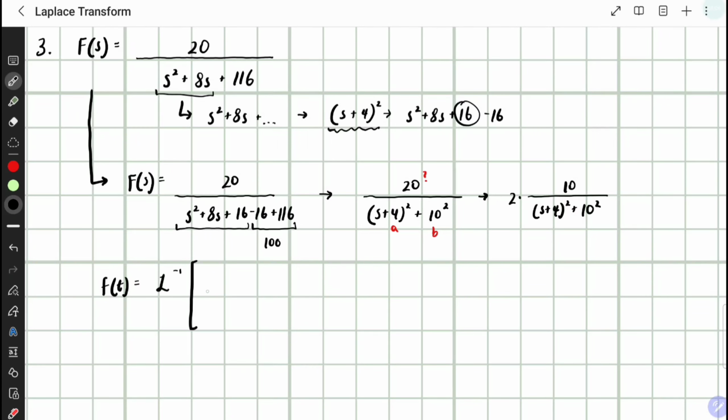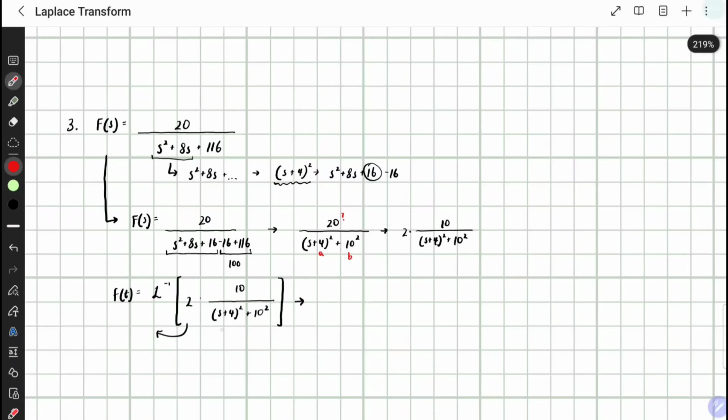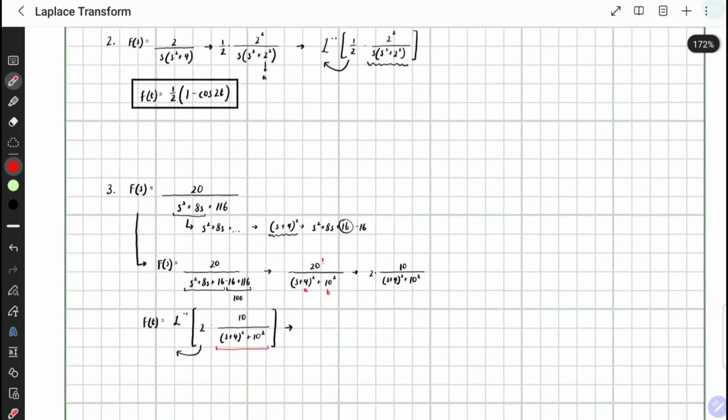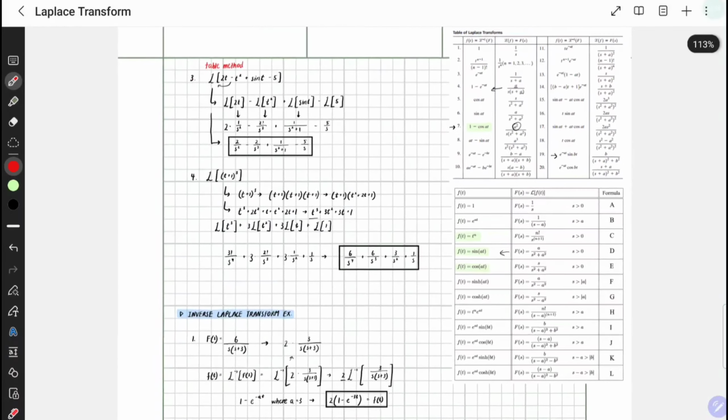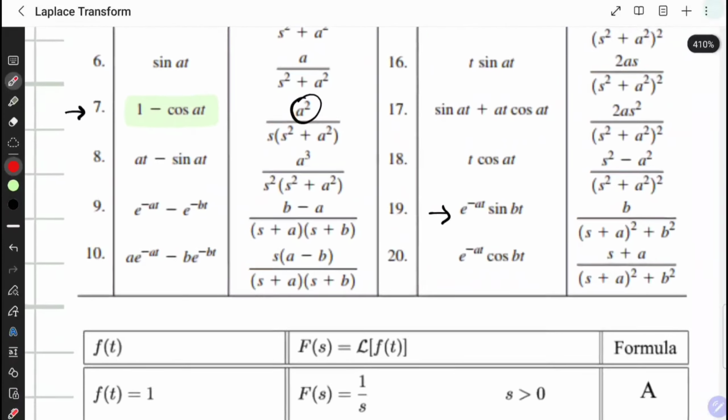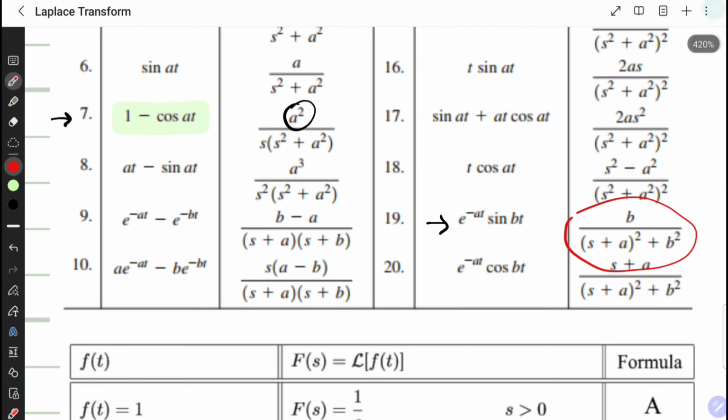of 2 times 10 all over s plus 4 squared plus 10 squared. The 2 we can bring out, and this entire form here, 10 over s plus 4 squared plus 10 squared, is exactly this, number 19 here, where a is equal to 4 and b is equal to 10.